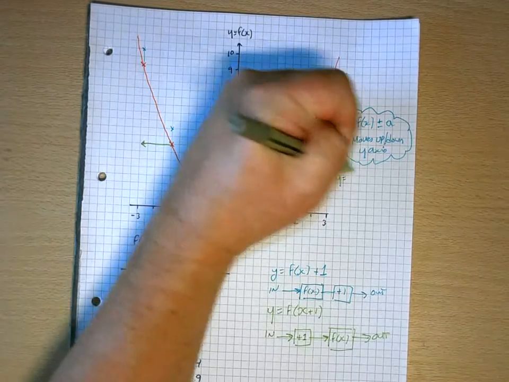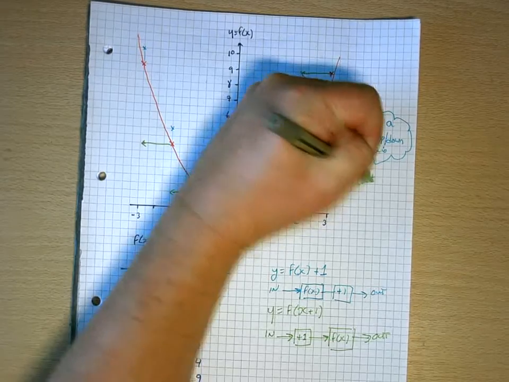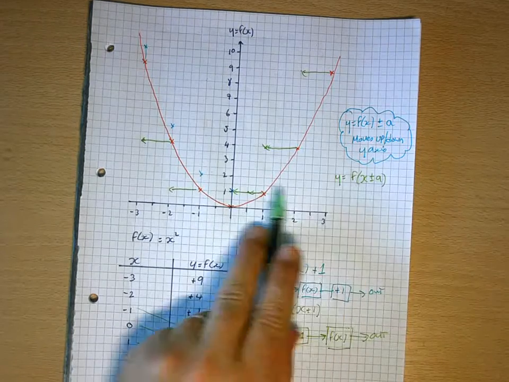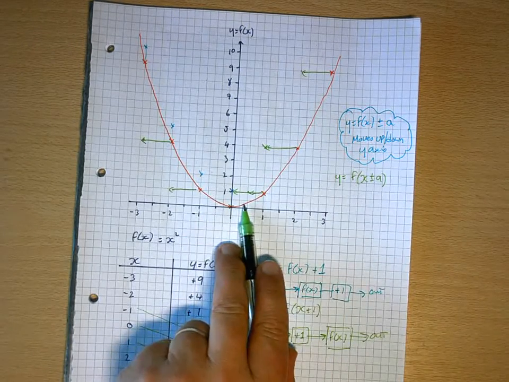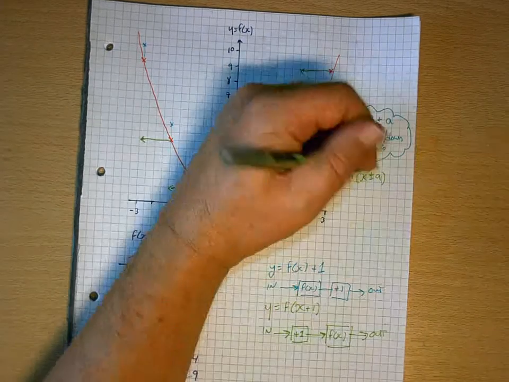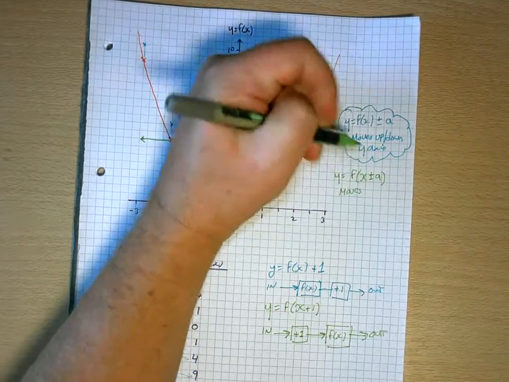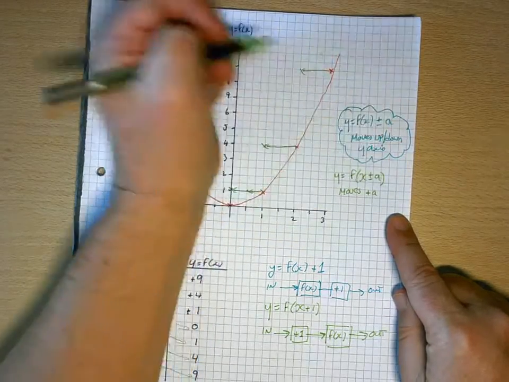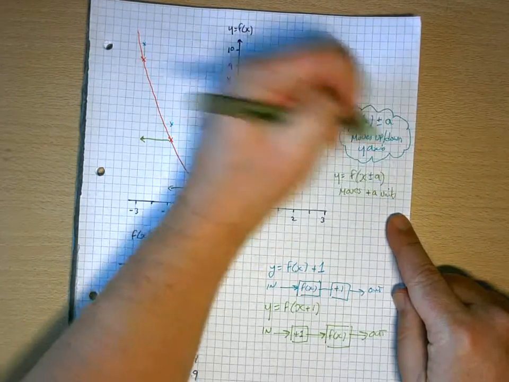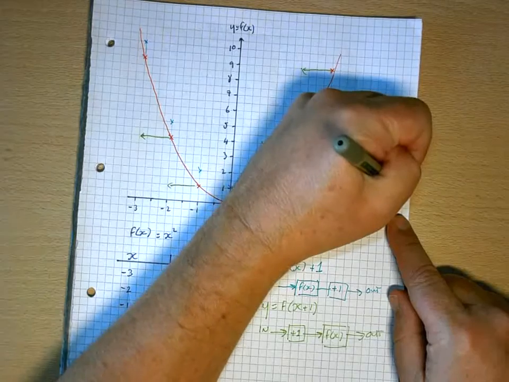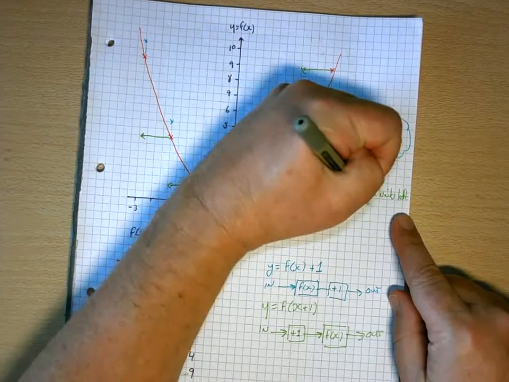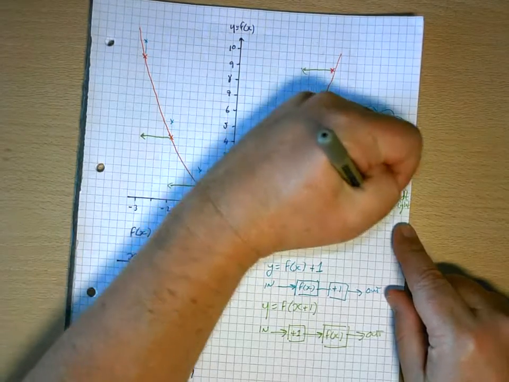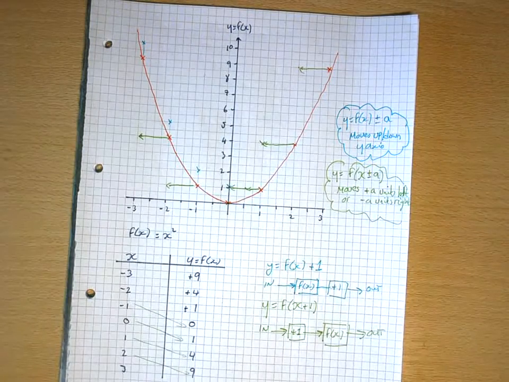So y equals f of x plus or minus some value. If it's adding, you're moving it to the left. If you're subtracting, you're moving it to the right. So if it's a plus, it moves a units to the left, or minus a units to the right.